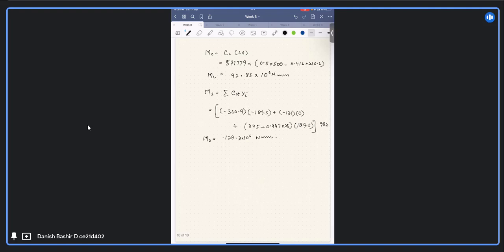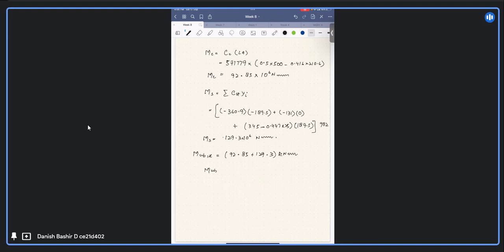So MUBX, design strength component of our column in flexure when it is subjected to axial load and uniaxial eccentricity, is 92.85 plus 129.3, and unit conversion 10 power 6 Newton mm is kilonewton meter. This will be kilonewton meter.